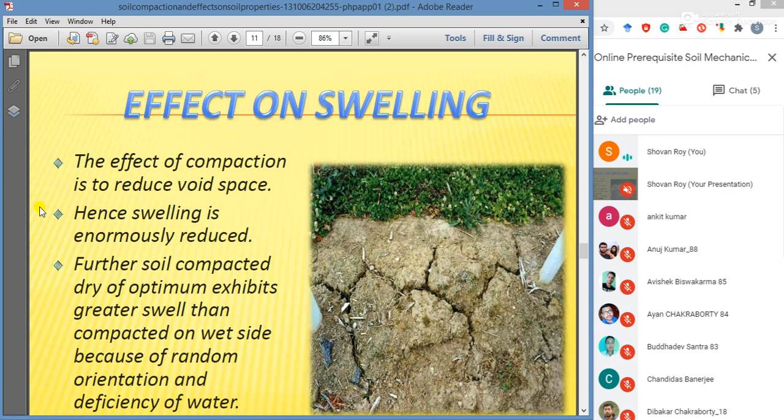The measurement process for the amount of water content responsible for this swelling or shrinkage is totally different from our conventional water content measurement.